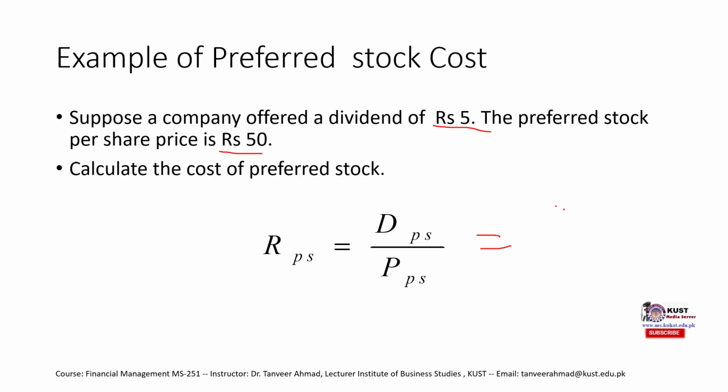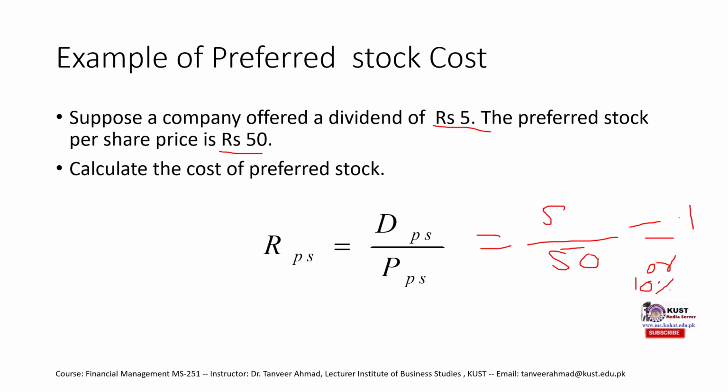The dividend is 5, the price of preferred stock is 50, and that would give us a cost of preferred stock of 0.1 or 10%. So if a company issues this preferred stock, their cost of issuing it would be 10%.